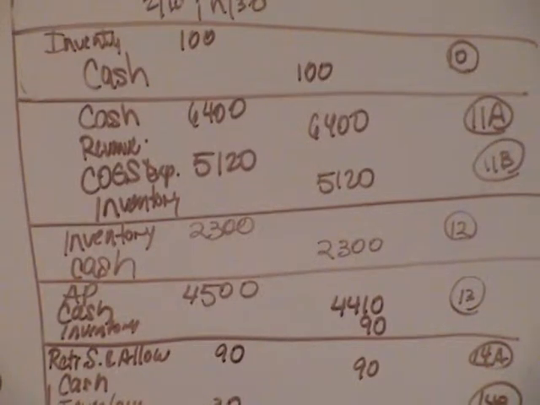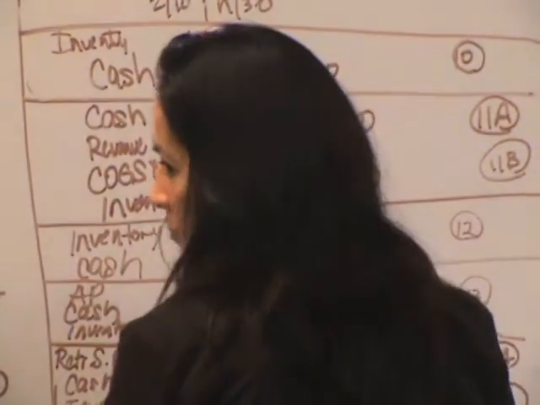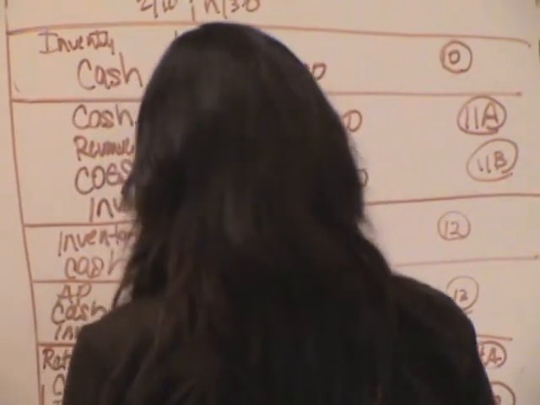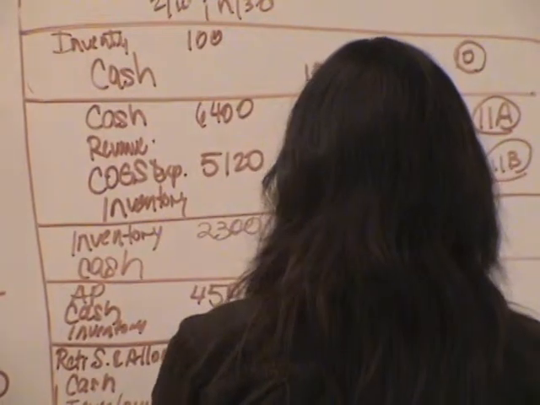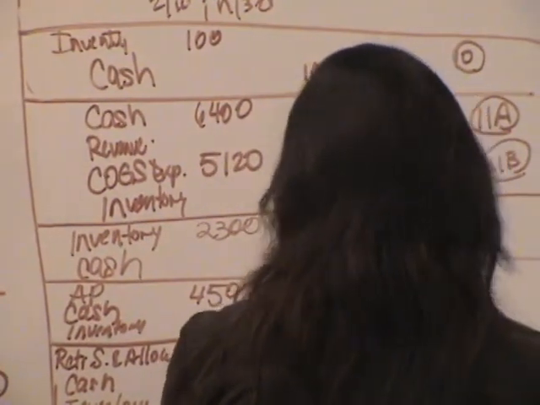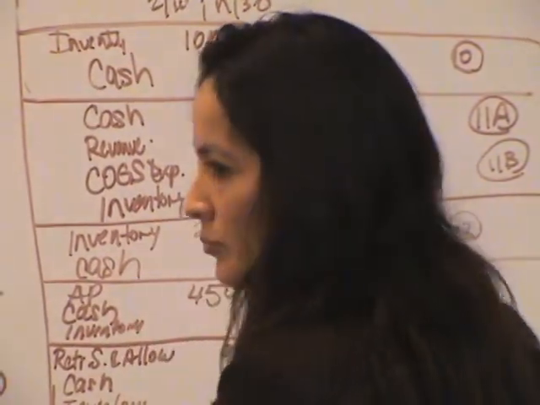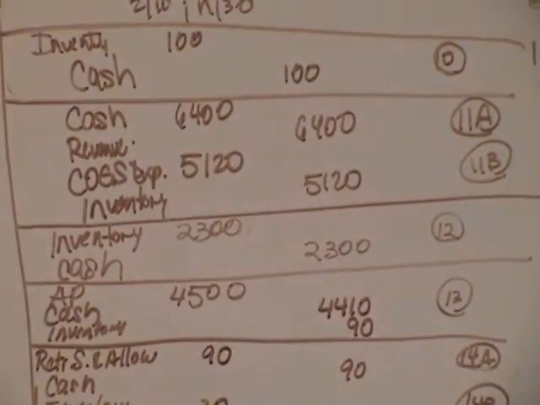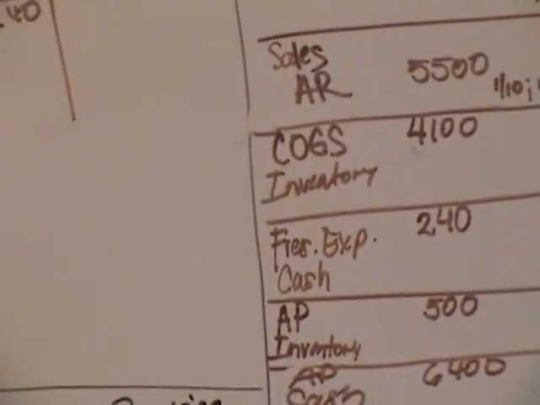Remember, siempre means always, so we always keep the other two together: cost of goods sold and inventory. They stay together, which makes sense because the expense is cost of goods sold, and the asset getting used is inventory. So that's part B, Angie. Does that make sense to you? I thought it was accounts receivable and inventory. No. Look at entry 2.